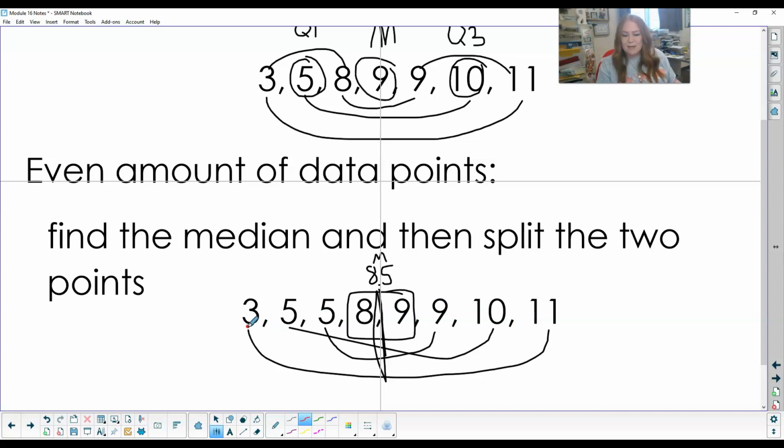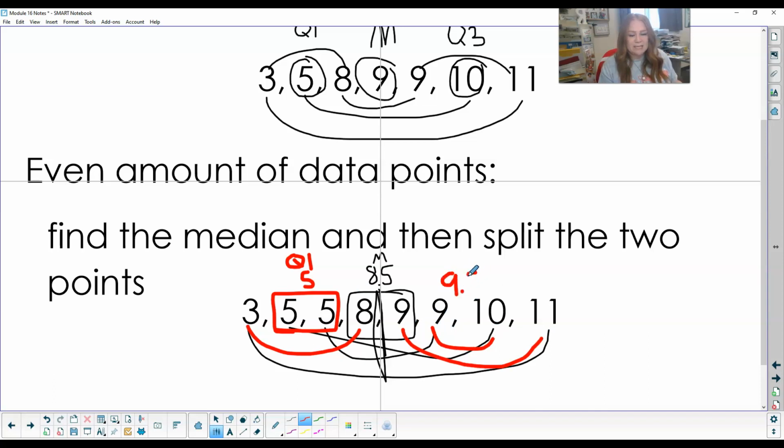Now I'm going to find the middle here. 3 and 8 go together, so now I have 5 and 5, and Q1 would be 5. And then 9 and 11 go together, 9 and 10, so this one would be 9.5 for Q3. So when you have two, you still do the same thing, just like we had before.